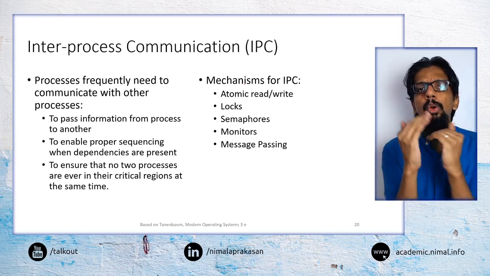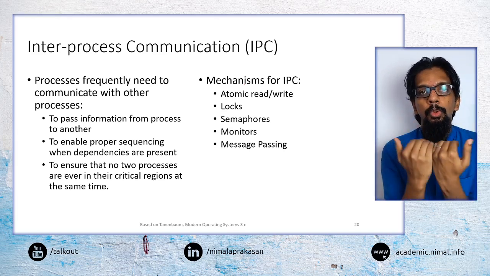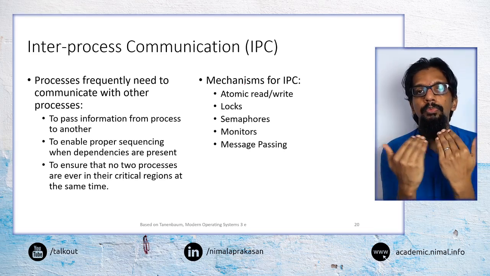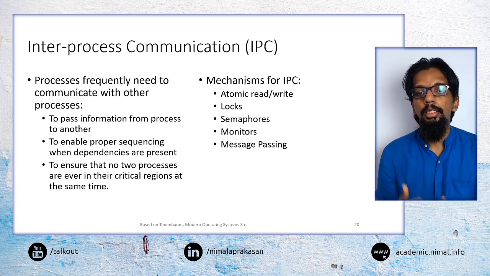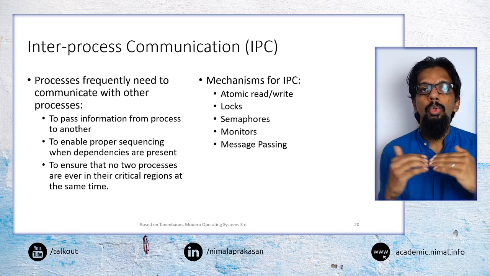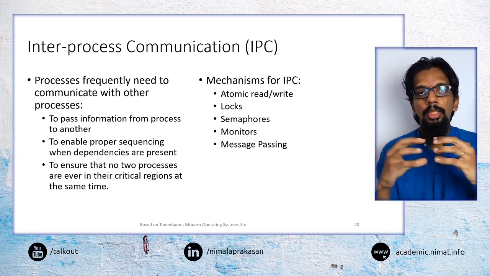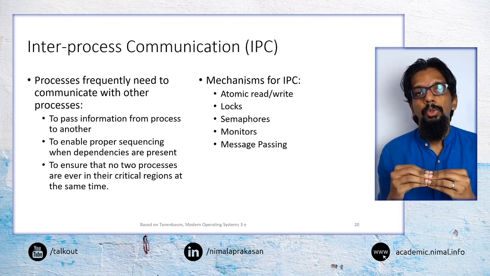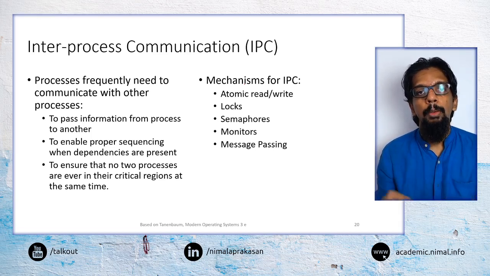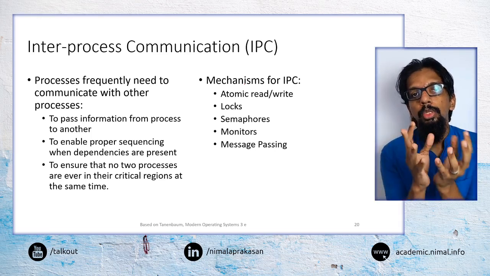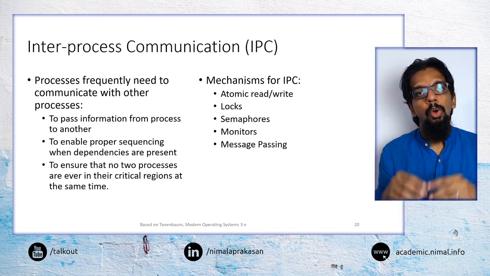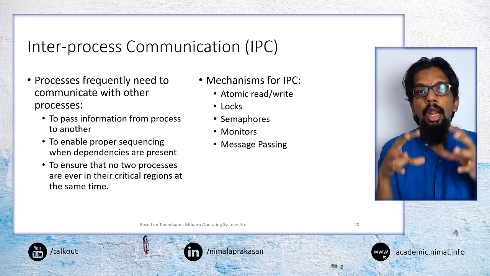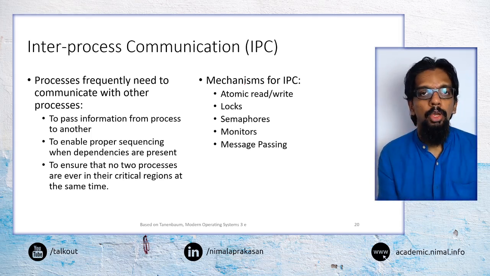Then also we may want to avoid two processes being in what we call a critical region at the same time. What we mean by critical region is we don't want two processes to do something that is competing for the same resource. For example, we don't want two processes printing at the same time, or utilizing the same resource, or writing a file in the same location.